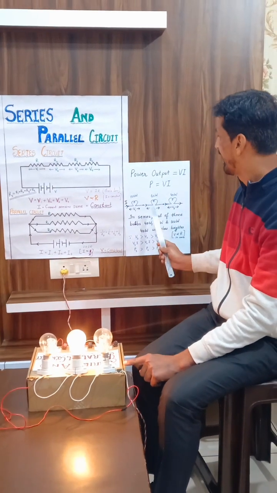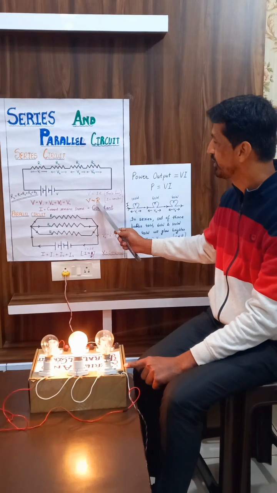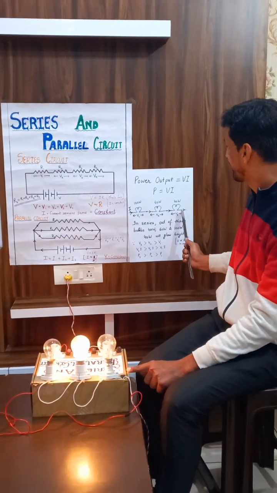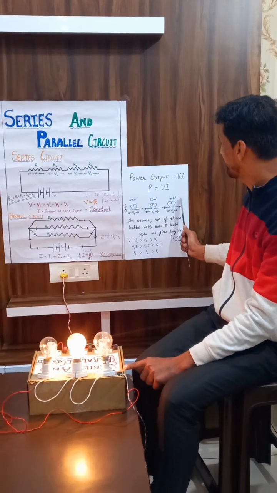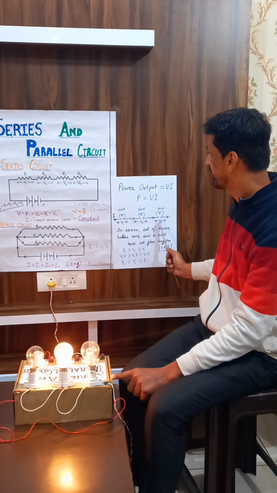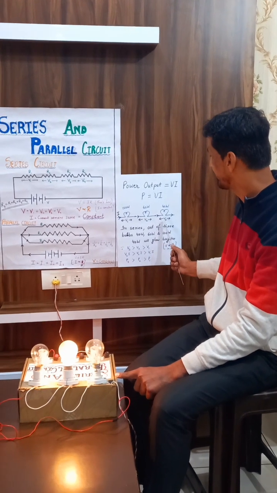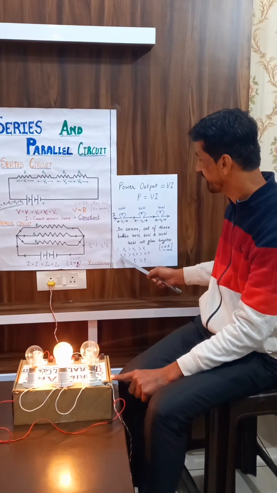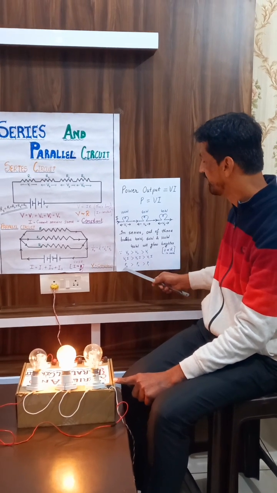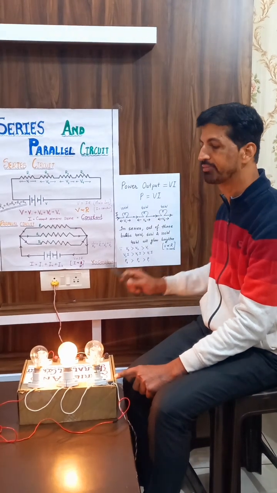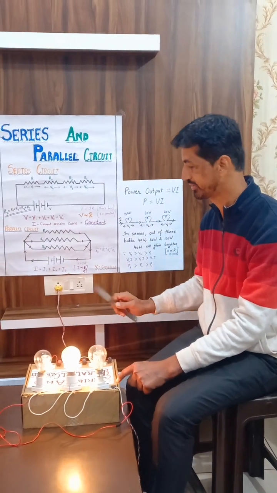Because as I told you, V is proportional to R in series and I is constant. So the resistance across the 40 watt bulb is highest, so the potential drop across it is highest. That is, V3 is greater than V2, greater than V1. If I multiply by I, the power output P3 is more. So the 40 watt bulb will glow the brightest.